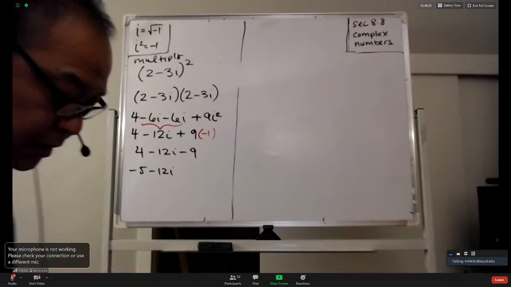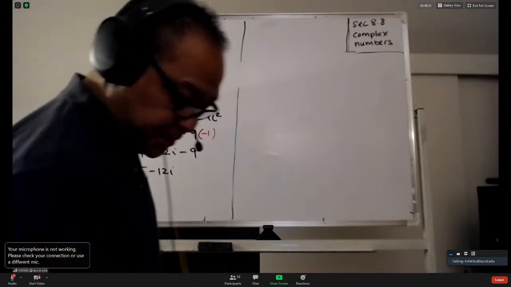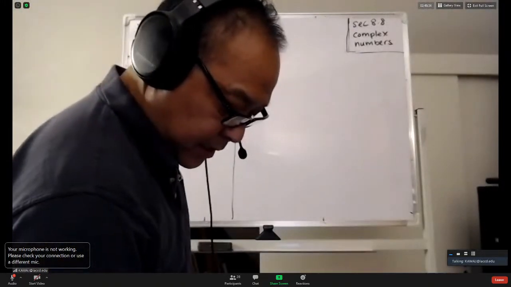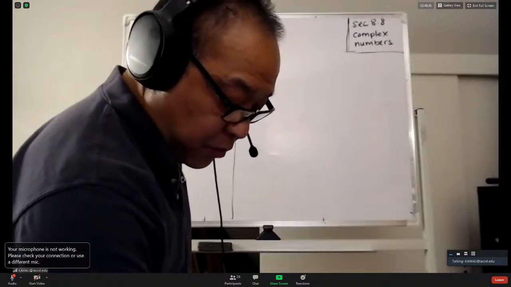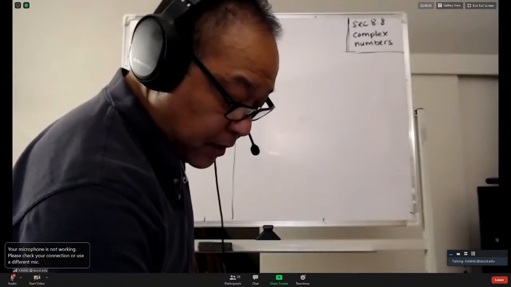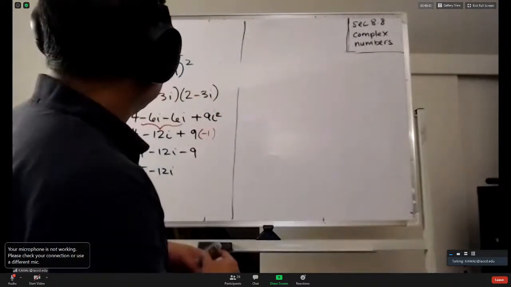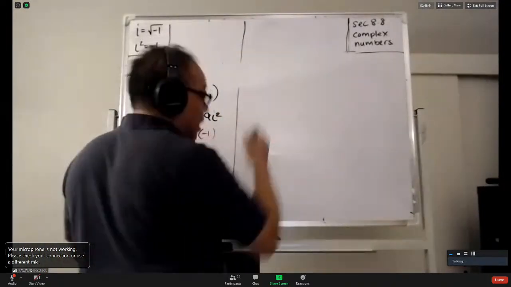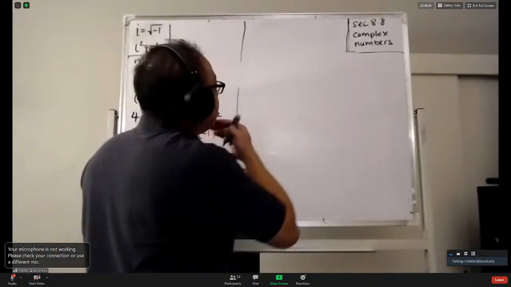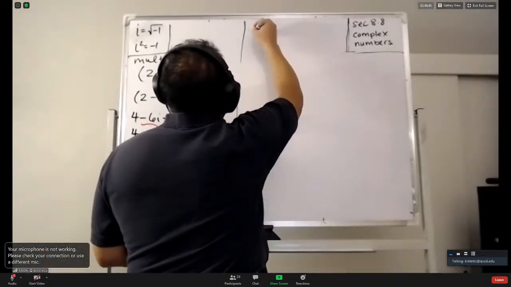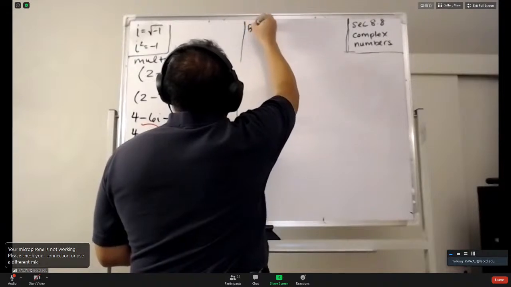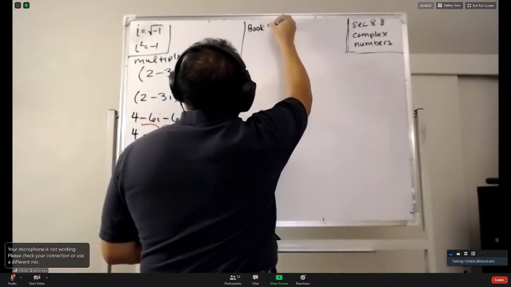Now, the way the book writes these next problems, I'm not very happy with. So I'm going to write how the book writes it, but I'm going to tell you how it's normally written. Let's look at something that looks like this. This is how the book writes it. They say rationalize.